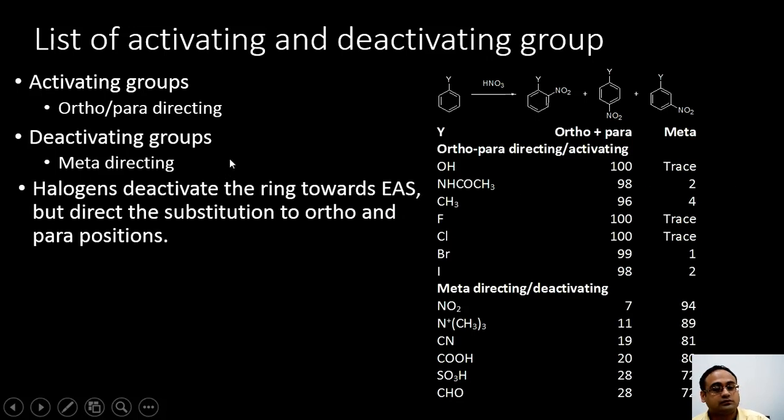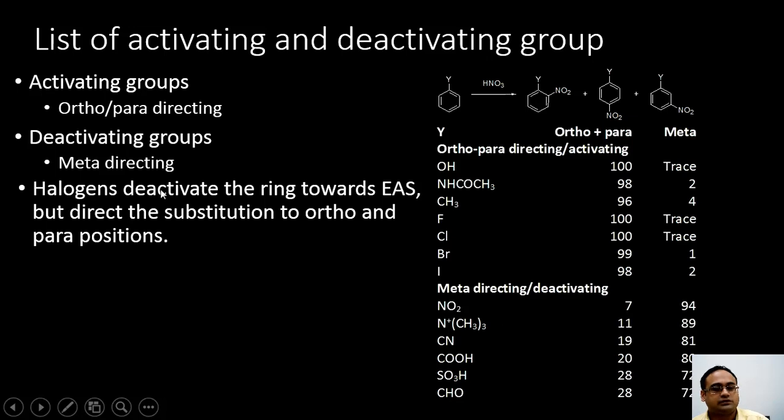Based on the mechanism that we have studied earlier, can you explain why deactivating groups lead to meta products? For example, deactivating groups like nitro, trialkyl ammonium, cyanide, carboxylic acid, sulfonic acid, and aldehyde all lead to the formation of meta product as a major product in the reaction, and ortho and para products are found in only minor amounts.